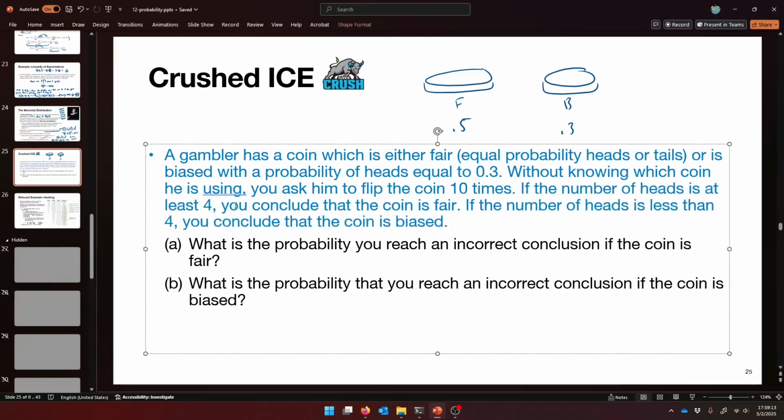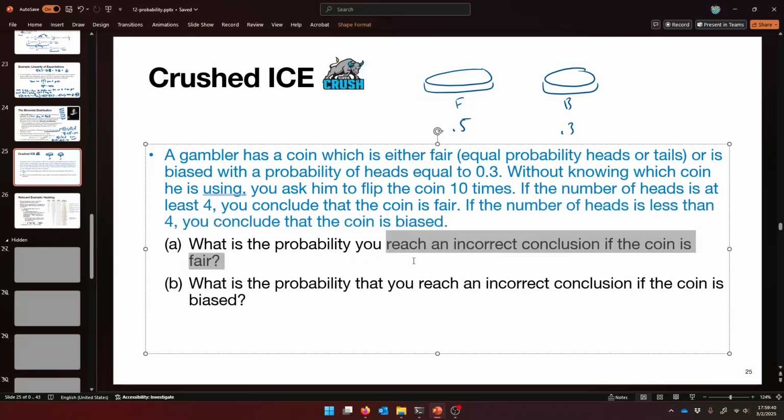So here are your questions now. What's the probability that you reach an incorrect conclusion if the coin is fair? What I mean by that is, it's fair, but you thought it was biased because you saw less than 4 heads.